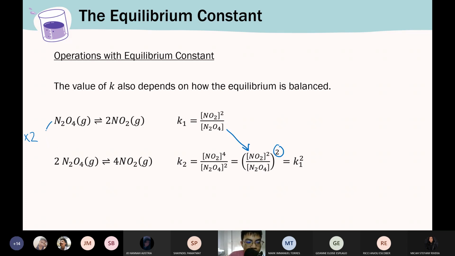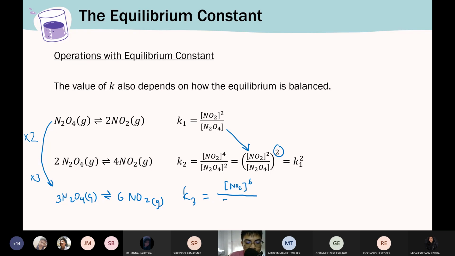What do you think will happen if I multiply it by 3? Magiging ano siya? Okay, the new K will be the cube of my original. Okay, so magiging cube na siya. Okay, because if I write it, magiging ganito siya, no?